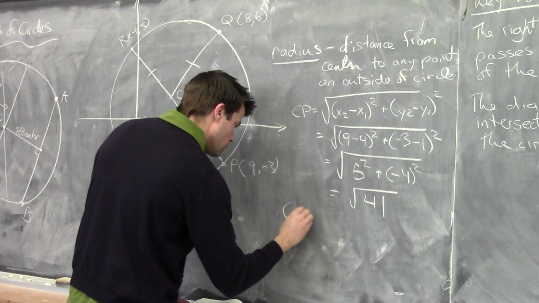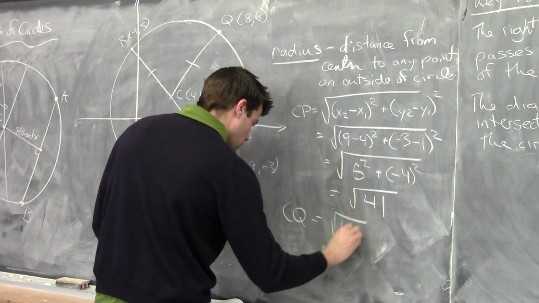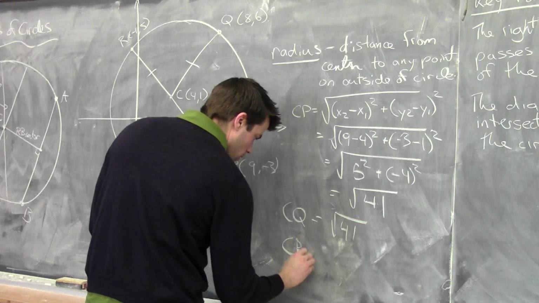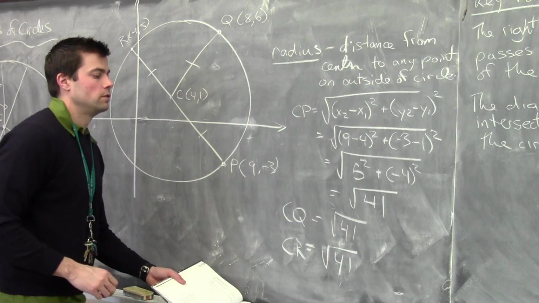Check the length of CQ. Using the exact same method, we get the same value. And CR, the same method, we also get root 41.